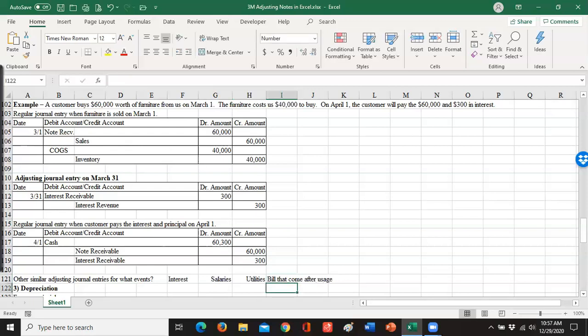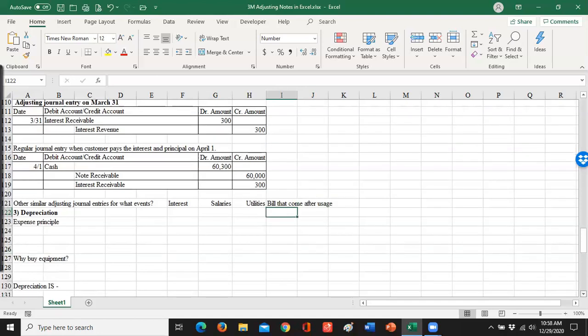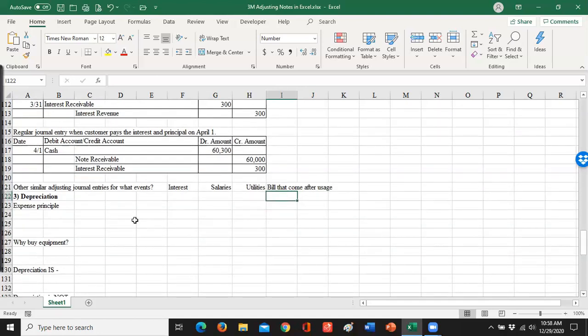So in my case, when I get my bill for my trash and my sewer, that comes after my usage, any of those other sorts of things. If you, again, have construction done, and then after they're finished, they bill you for the kitchen remodel, you might have some adjustments to do then.